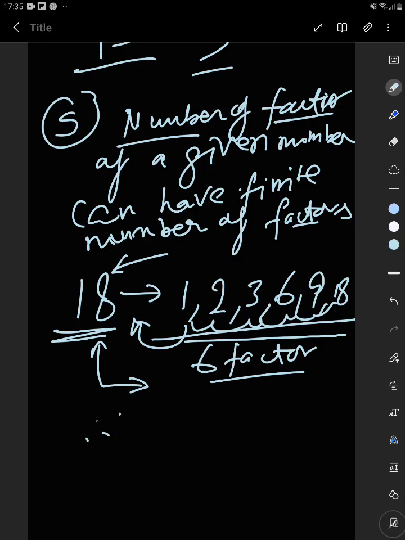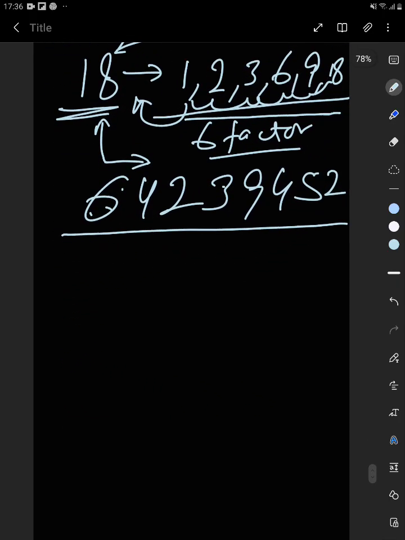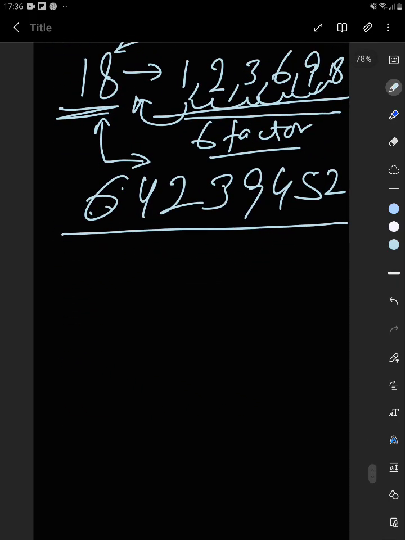Suppose you write a number like 642239452. Maybe thousands of factors may be there, but it will have finite numbers. It can never be infinite. So you need to remember this.